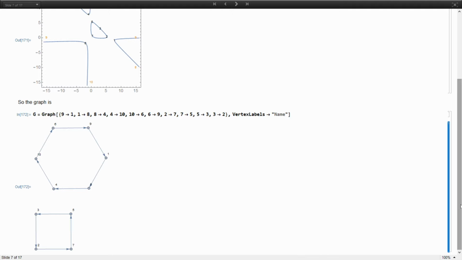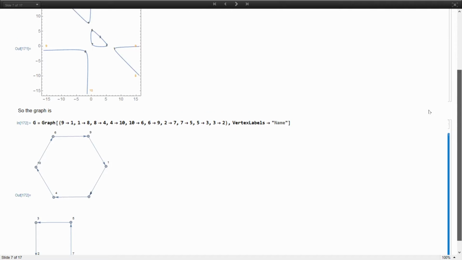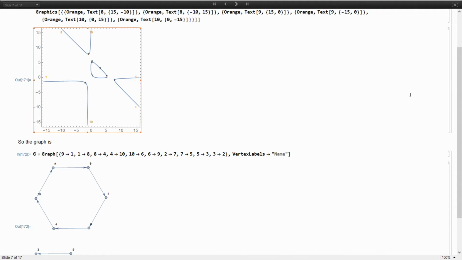So in this case, our graph consists of two cycles here. And if we look up here, the first one, say, starts with 6 up on the upper left, and then it goes to 9.